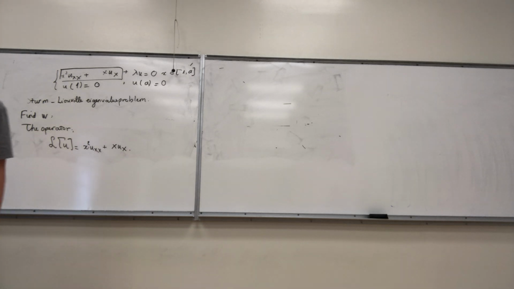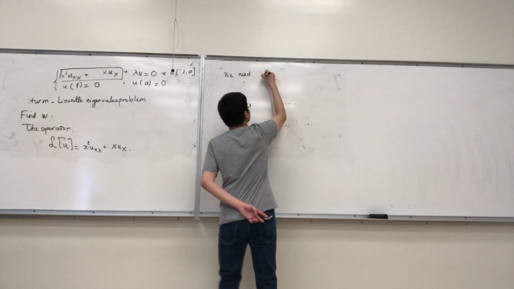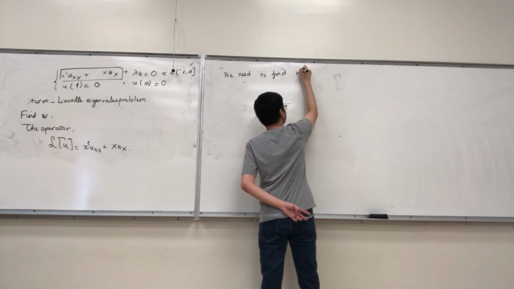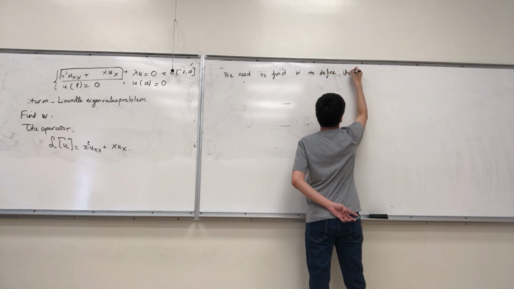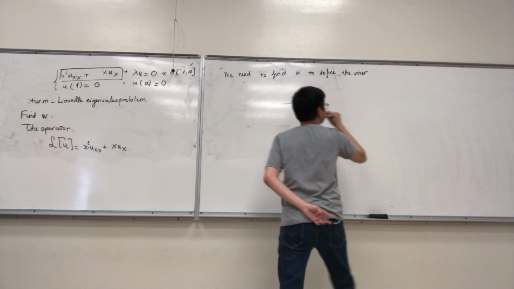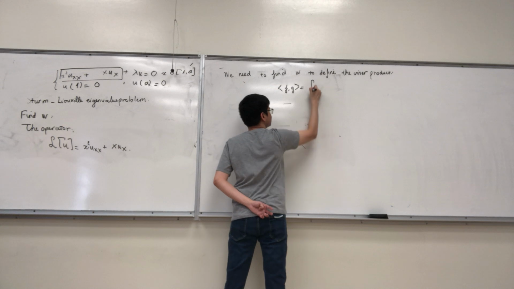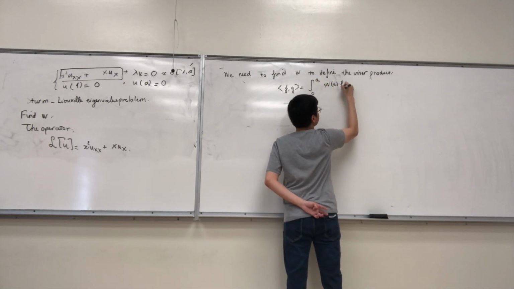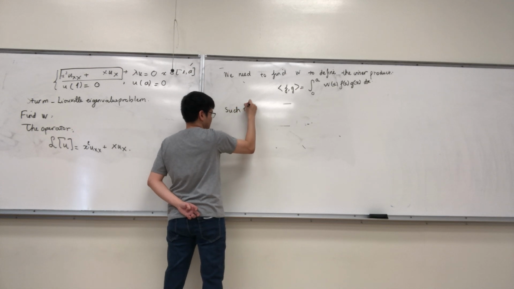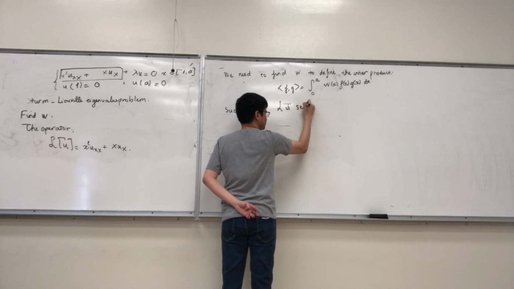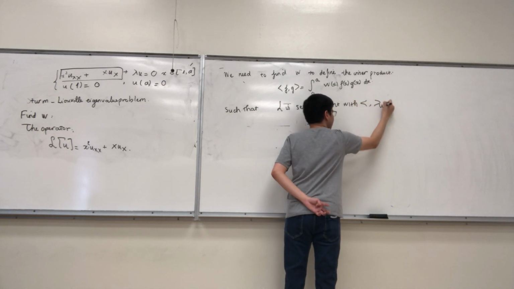Now, what we have to find is the w, right? We need to find w to define the inner product (f, g) equal to the integral from 0 to a of w(x) f(x) g(x) dx, such that L is self-adjoint with this inner product, right?